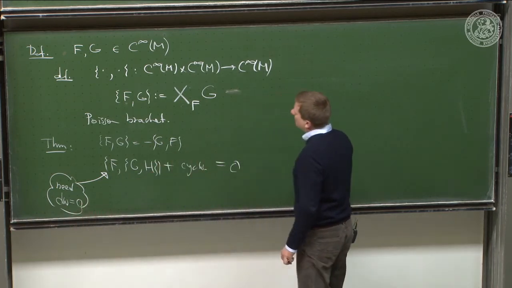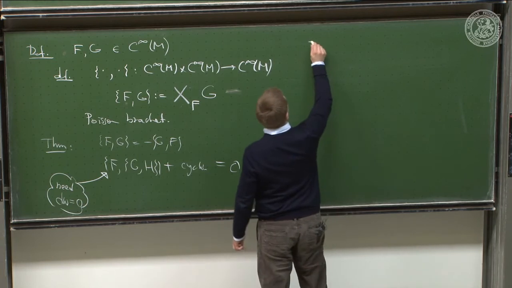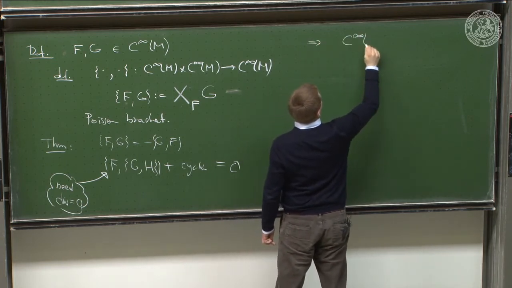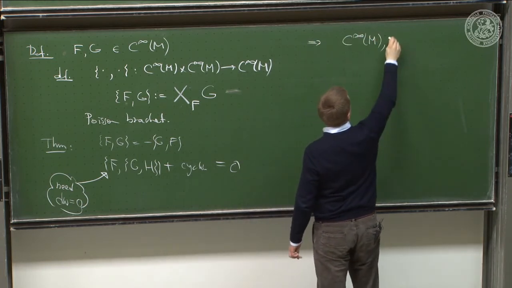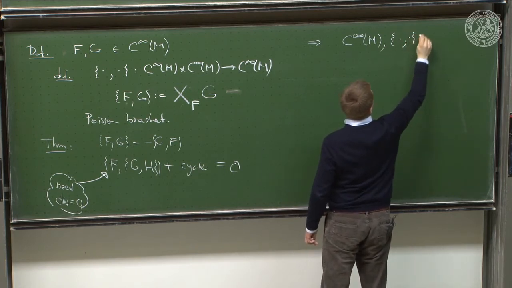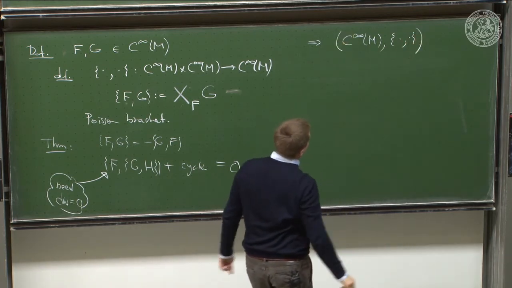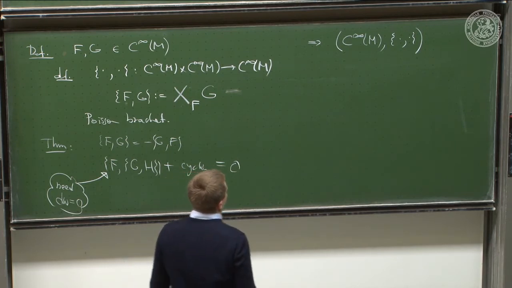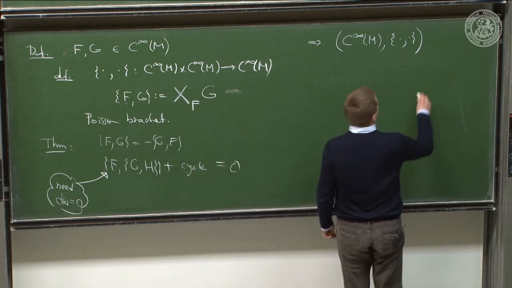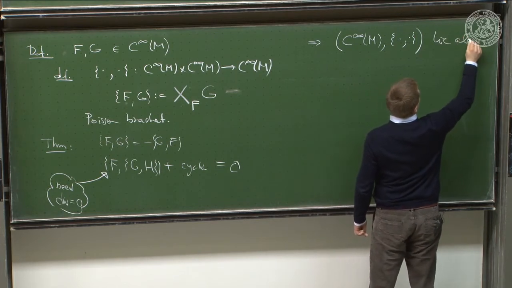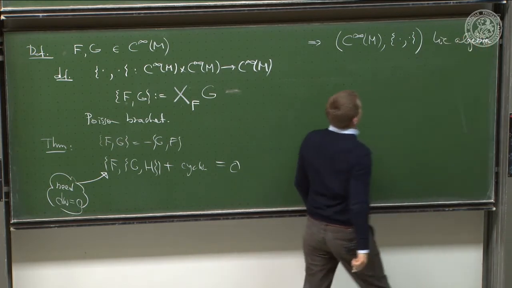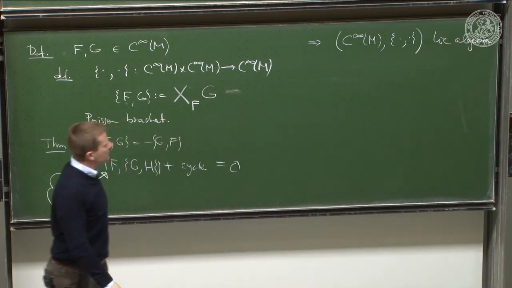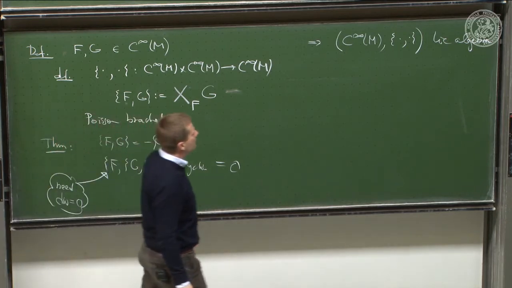So, and then obviously, if we equip all the smooth functions here with a Poisson bracket, we get a Lie algebra, because those are precisely the properties of an abstract Lie algebra.